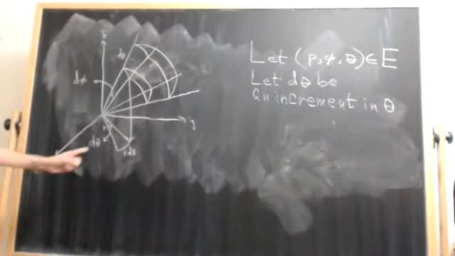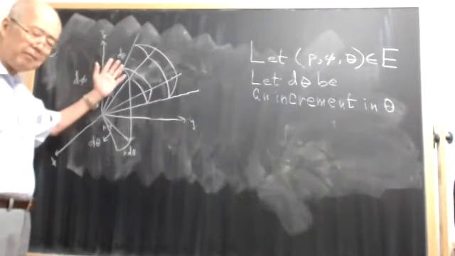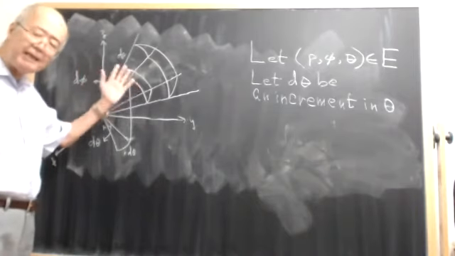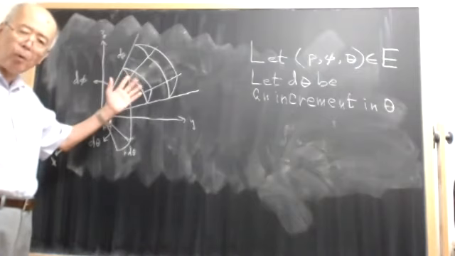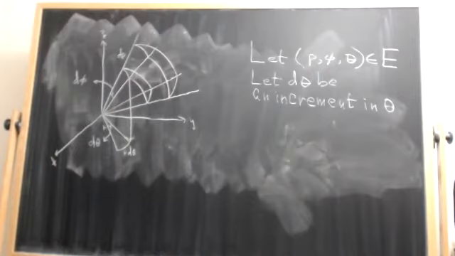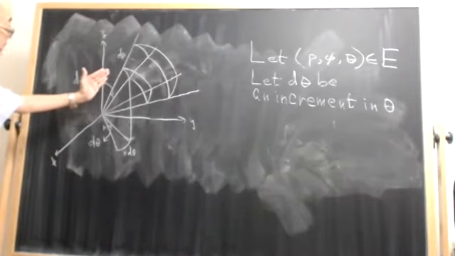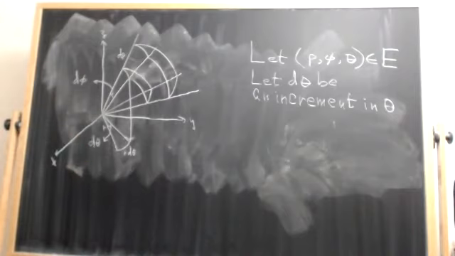So from this d theta, we have induced increments in rho. And d phi, what about phi here? See, this is how this radius is rotated down.